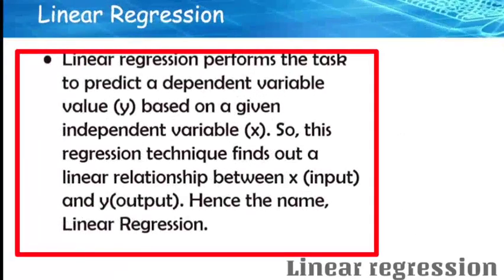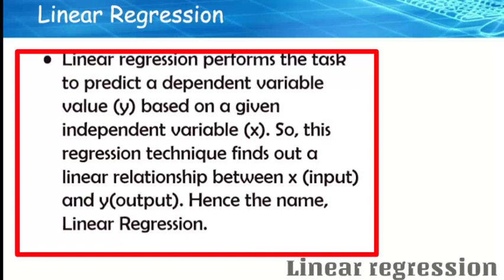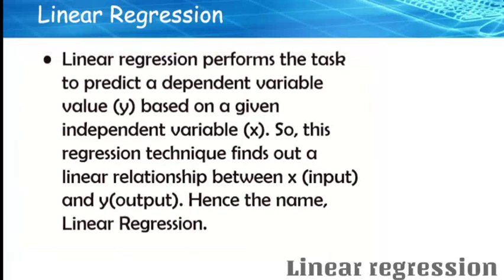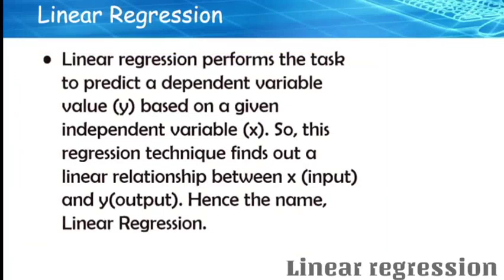So let us see the basic definition of it. The linear regression algorithm shows a linear relationship between a dependent variable and one or more independent variables. Basically, linear regression performs the task of predicting a dependent variable based on independent variables. Okay, so it can be more than one variable. Since it is based on a linear relationship, it is called linear regression.